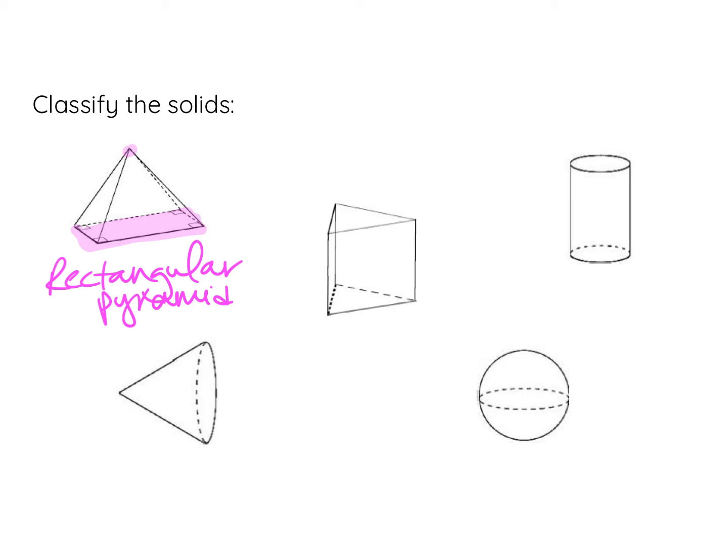Okay, so if I look at this one in the middle, I see I have one side here that is parallel to this side here, and then I don't have a point like I did with this pyramid. I have these sides that run parallel to each other that connect base to base. So again, the shape of my base is a triangle here. So this would be a triangular prism because we have those 2 bases.